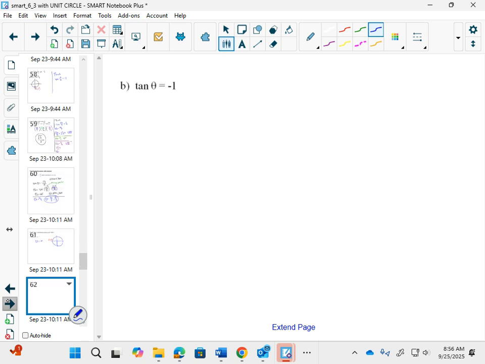Tan of theta equals -1. So again, is tan ever 1 on your unit circle? What family? Pi over 4. So you already know your reference angle by knowing which family it belongs to. Then your CAST rule, right? And again, some of these things, you don't have to write them down if you can visualize them in your head.